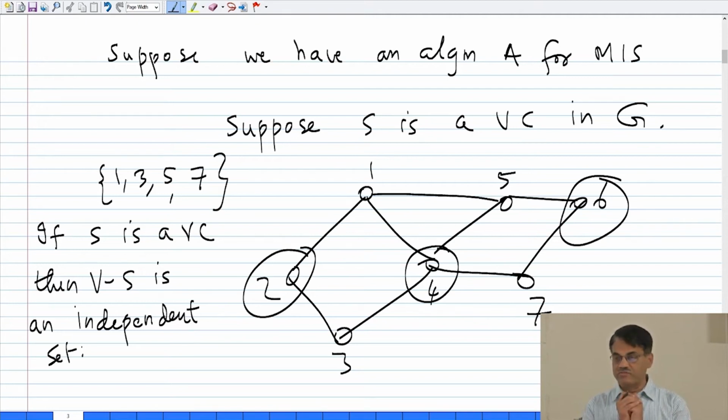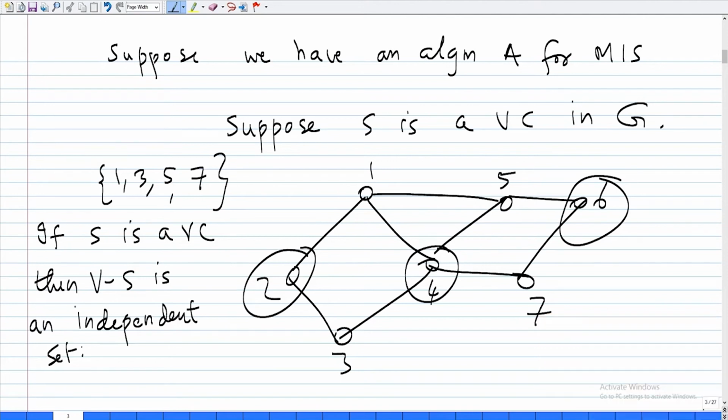Suppose I have an algorithm for finding a maximum independent set. Can I use it to design an algorithm for minimum vertex cover? How do I do it? The complement of an independent set must form a vertex cover because of this theorem. If you have an independent set, the complement is a vertex cover. So, what is my algorithm?